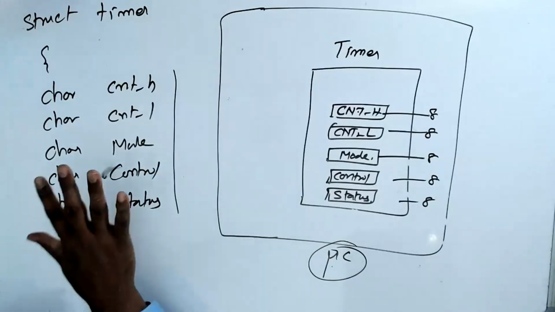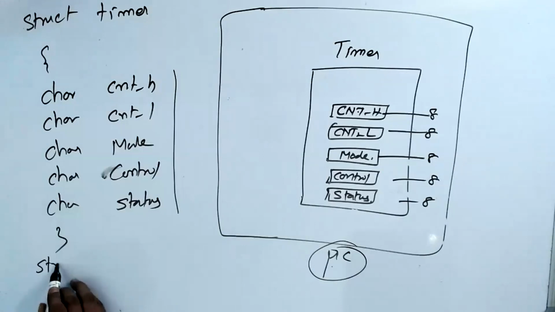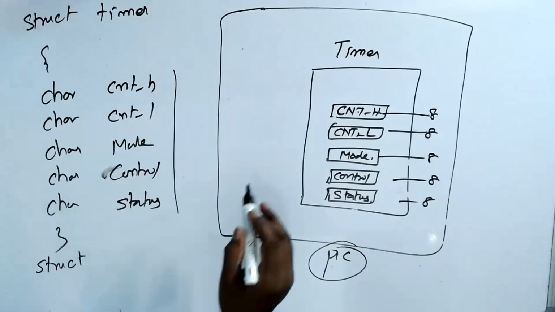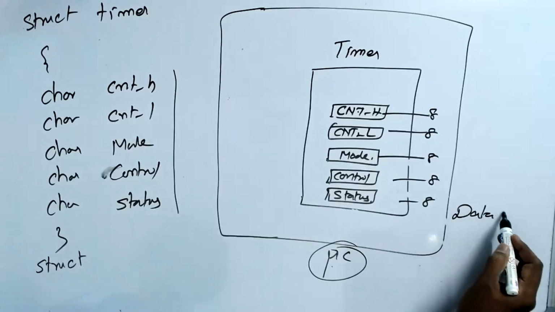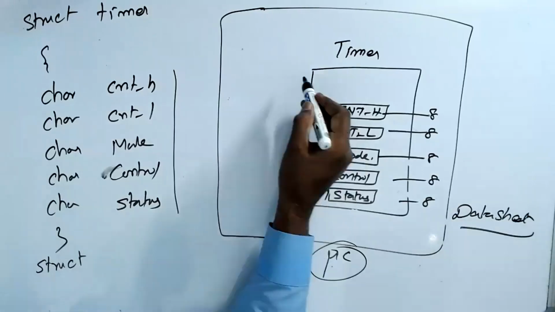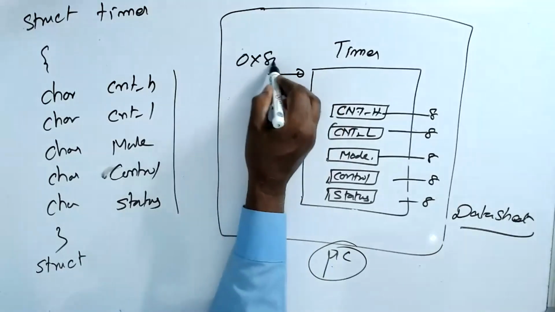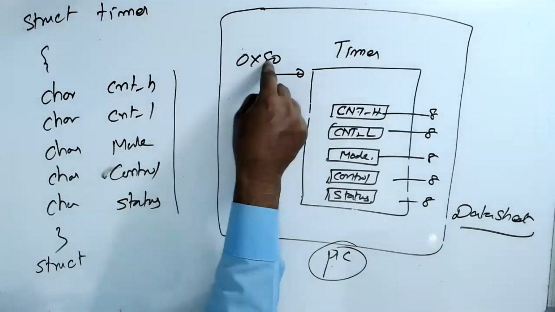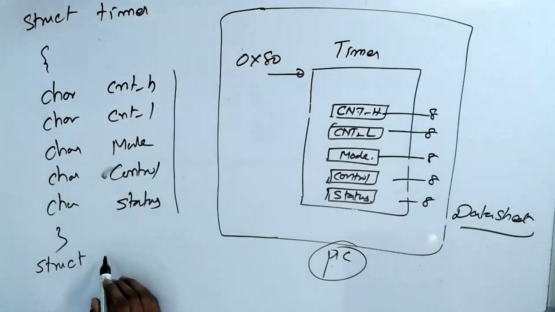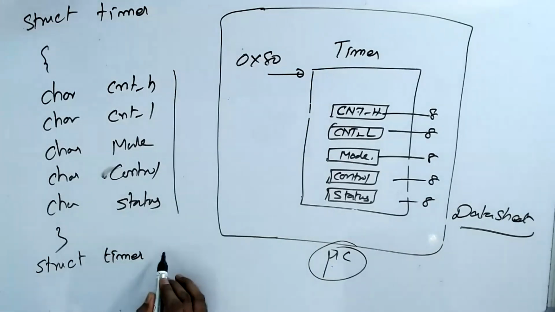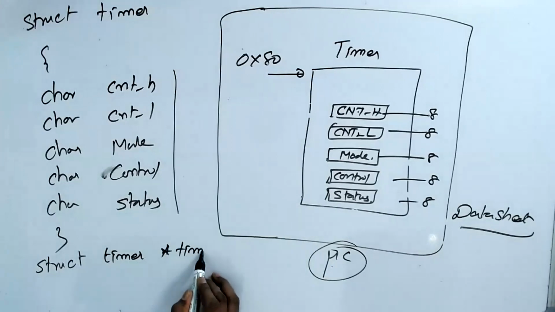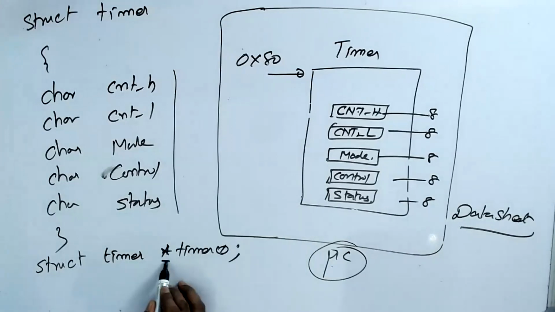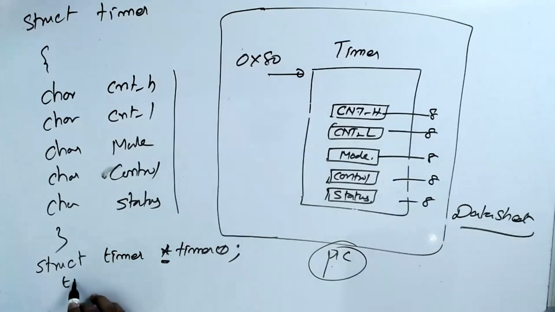So this is done. Now let us assume that on the data sheet, the timer has an address of 0x80. Now I say struct timer star timer 0. I put star because it's a pointer. I'm going to assign the address now: timer 0 is equal to 0x80.